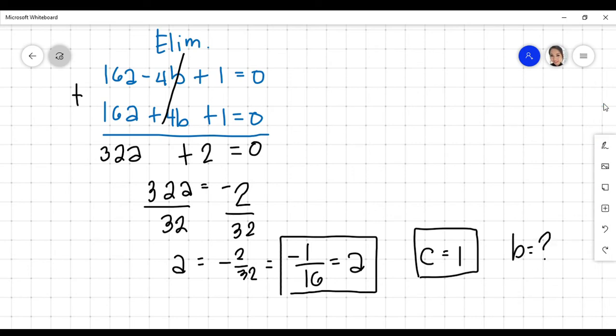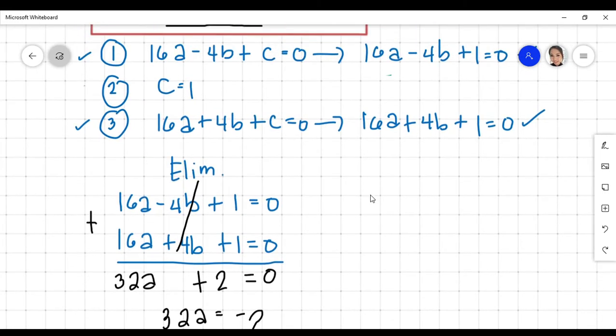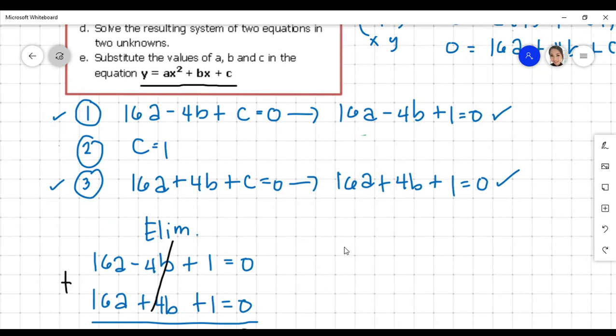So let's go back to our equations, the 3 equations we have here. So we can use either equation 1 or equation 3 to find the value of b. So which one we will choose? So I will choose equation 1.